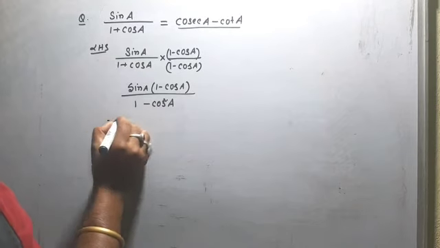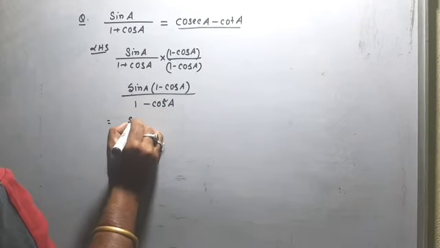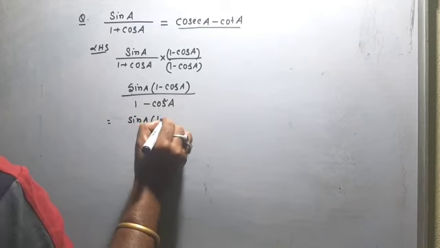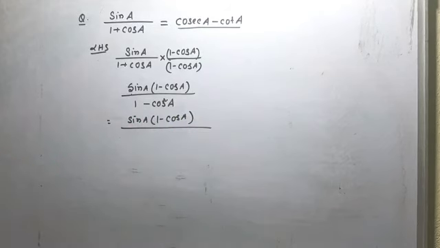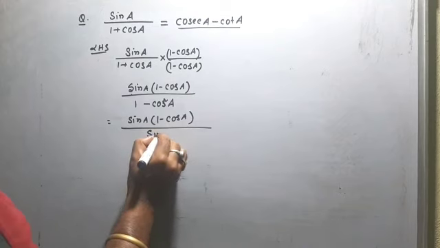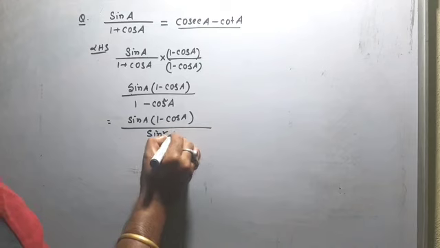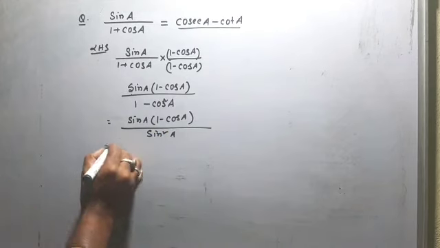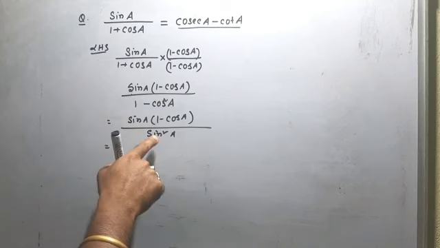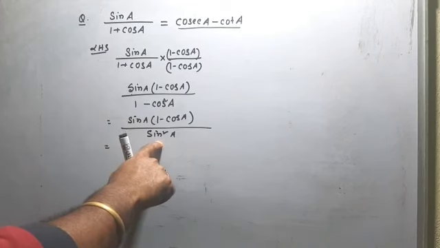So you have sin a into 1 minus cos a, and here 1 minus cos square a is equal to what? 1 minus cos square a is equal to sin square a. Clear? So now here is a sin a and this is a sin square a.